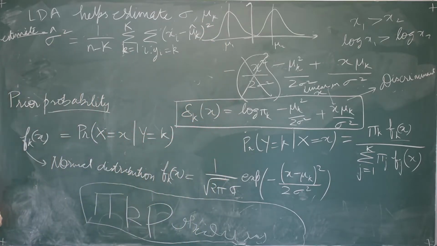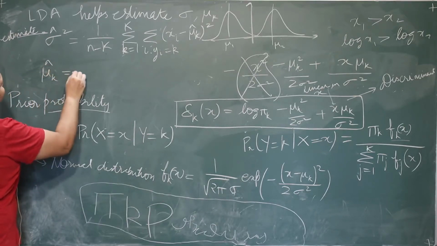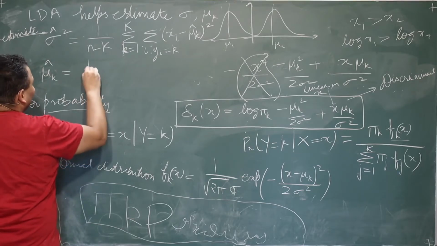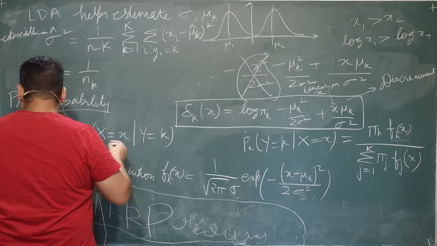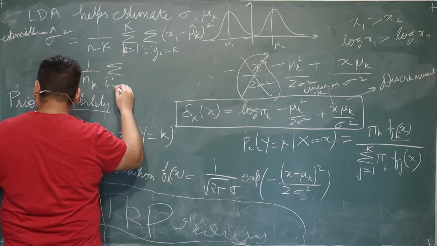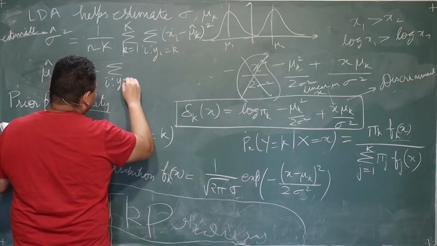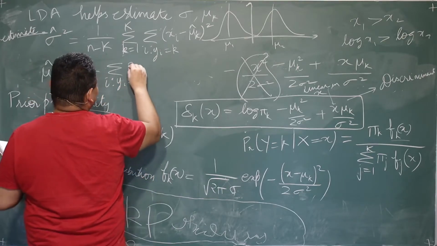Okay, this is the estimate of sigma squared, and the estimate of mu k is given by 1 over nk sum over i such that yi is equal to small k of xi.